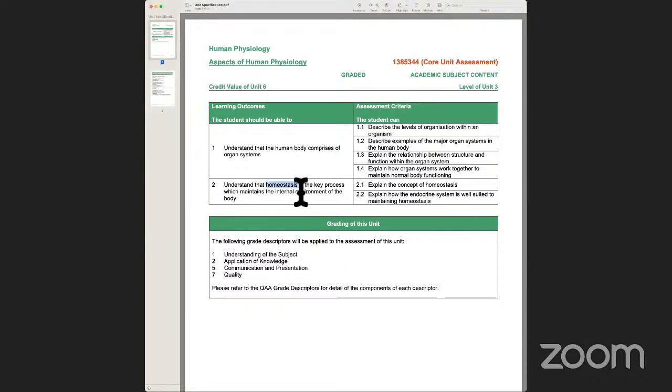This is a technical term. And what we would want to understand with the meaning of homeostasis is how these systems actually work in terms of helping the organism to do the basic functions, things like excretion, digestion, circulation. And this is a key process which happens within the human body.